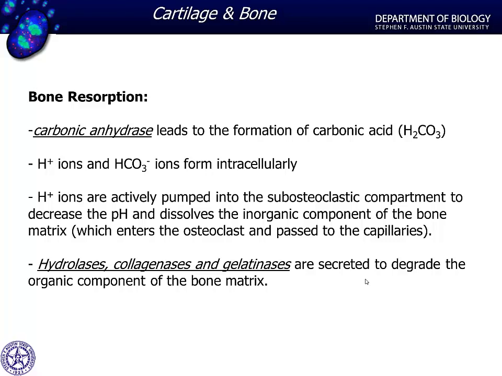Because what's going to happen, carbonic anhydrase from the osteoclast is going to form carbonic acid. Now, carbonic acid is going to break down into our hydrogen ions and our bicarb, and that's going to form inside the cell. But we can't allow the hydrogen ions to form at too high concentration because that will lower our pH too much. So the hydrogen ions are pumped out rapidly into the subosteoclastic compartment.